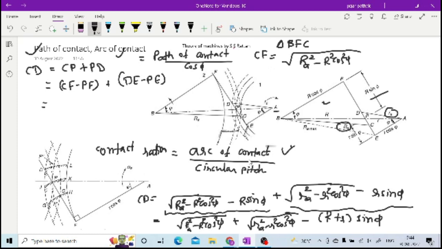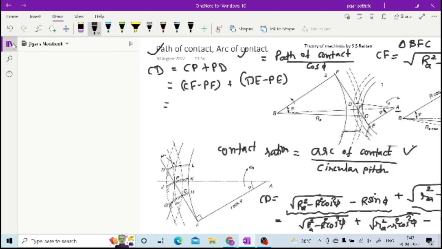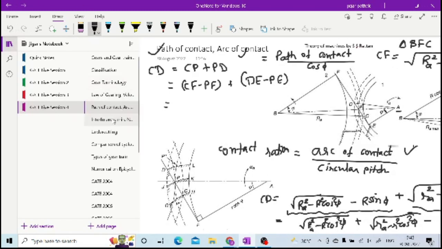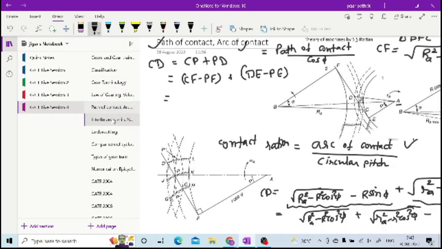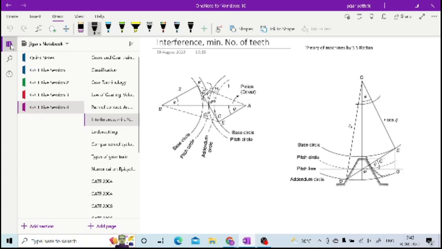So once you have that total amount of engagement and you divide it by this circular pitch, it will give you an idea of the total number of teeth in contact with each other. So this is how you are having your path of contact, arc of contact, and then this contact ratio.